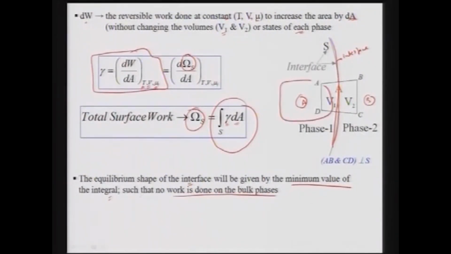So bulk phases will not do any work. The work is done mainly by the interface. That will dictate the overall curvature of this particular interface. And as we saw earlier, that depends on the pressure difference, which can again be given by gamma (1 by R1 plus 1 by R2).